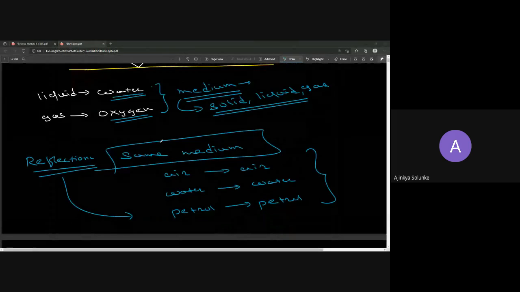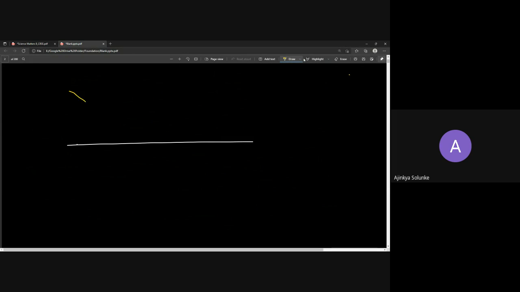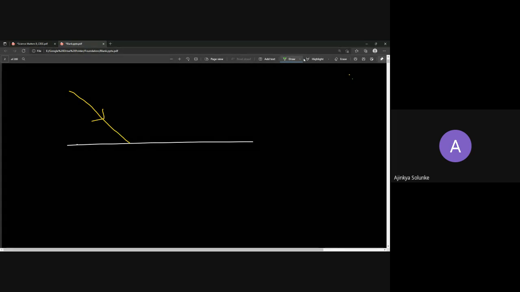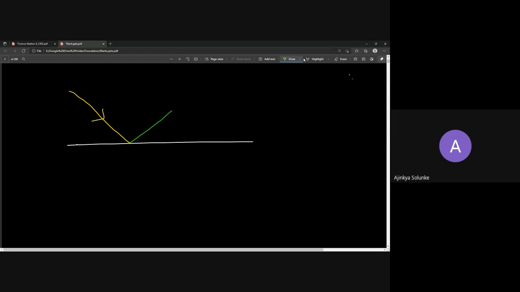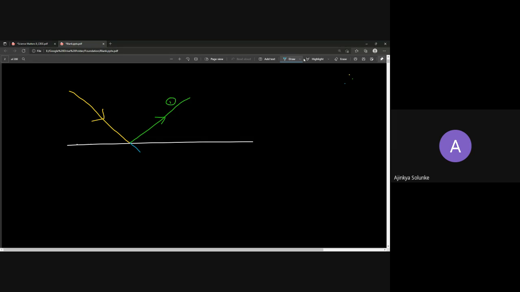Now let us have an example. Suppose this is our surface, and this is our incoming ray, the incident ray. Suppose the light might travel back in the same medium. That is the first way. Second, it might travel through the surface, like through and through.